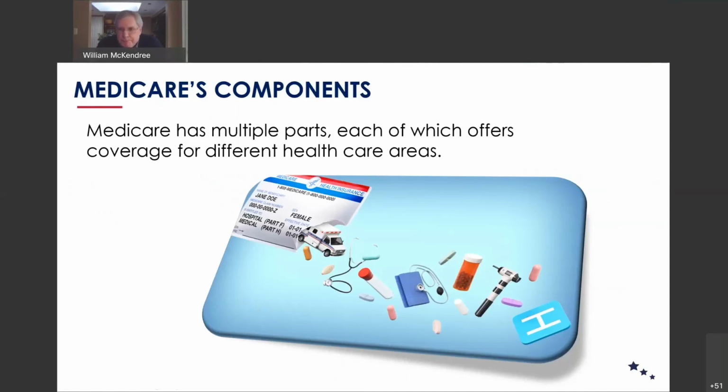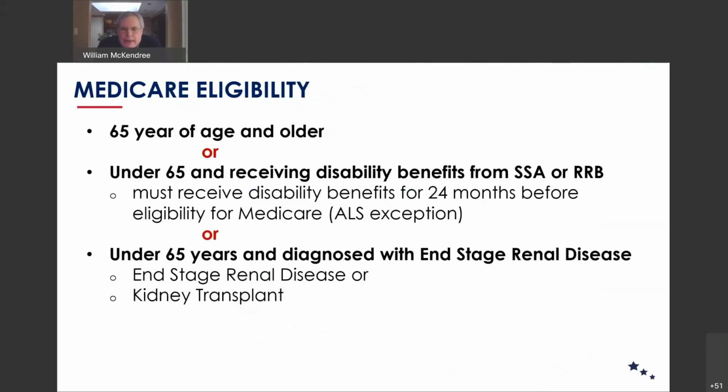So, as I was saying, for Medicare, let me back up one slide. For Medicare, entry point is based on either age or a specific set of circumstances. Age in this case, unlike Social Security benefits, is still 65.